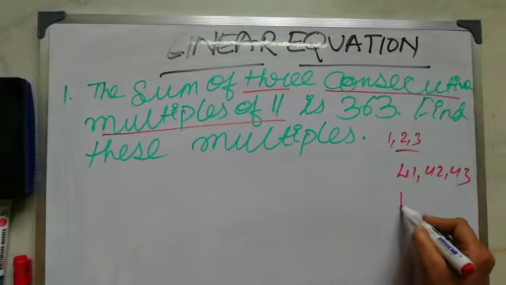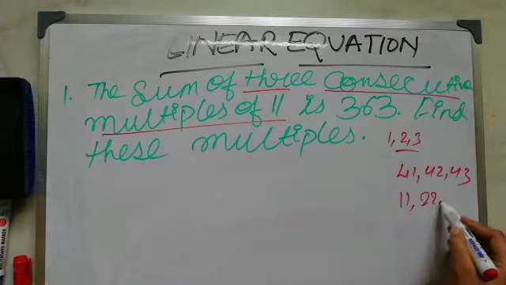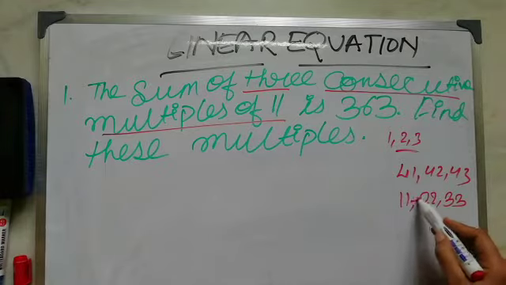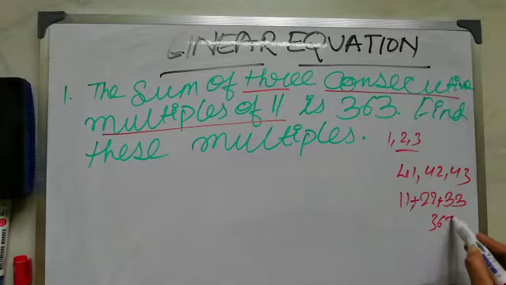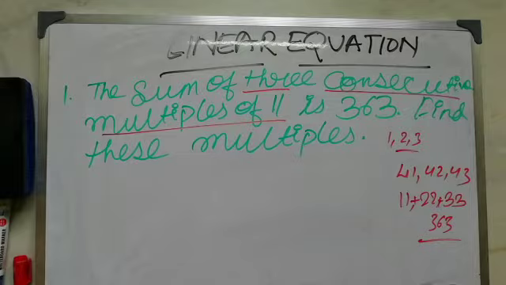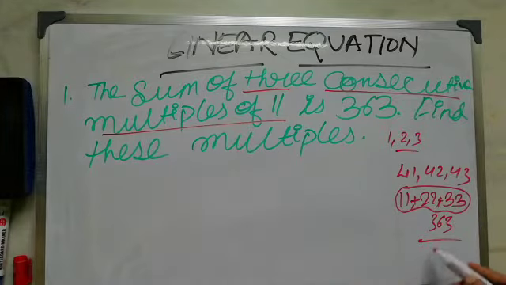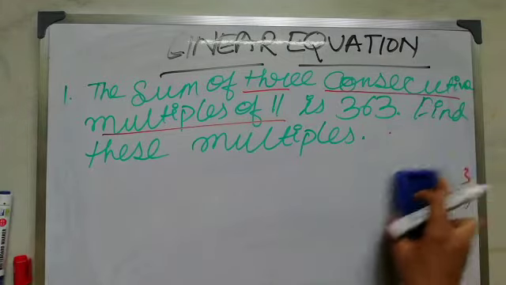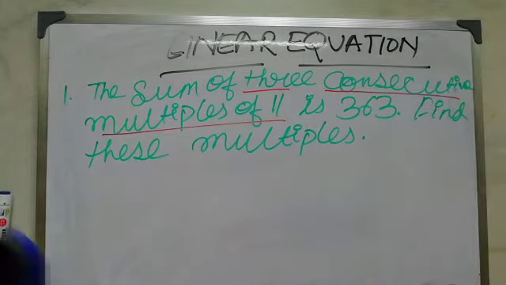So the first multiple will be 11, second will be 22, third will be 33, and their sum is given as 363. So we need to find those three consecutive multiples of 11 whose sum is 363. So without wasting much time, let's start with the sum.